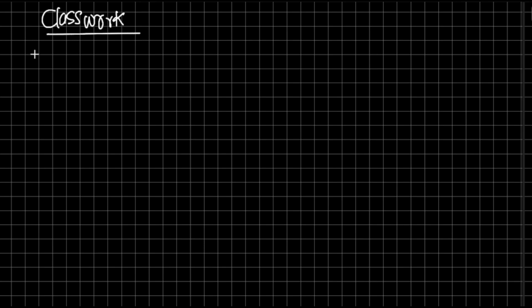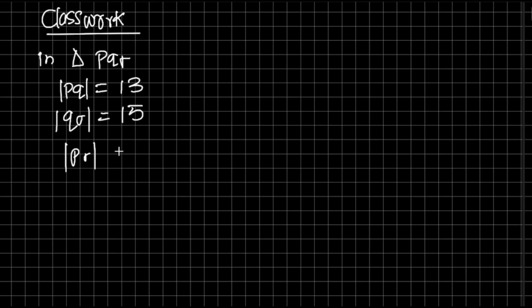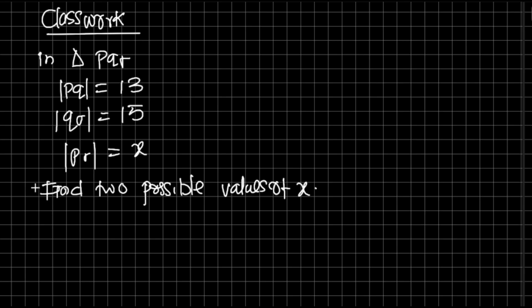Classwork. In triangle PQR, PQ is equal to 13, QR is equal to 15, PR is equal to X. Find two possible values of X. So this is the triangle.